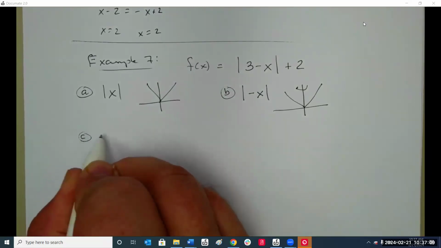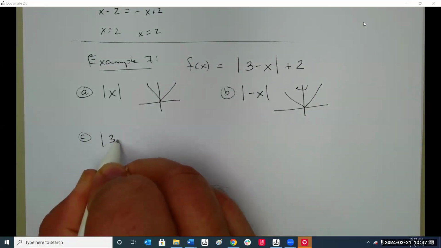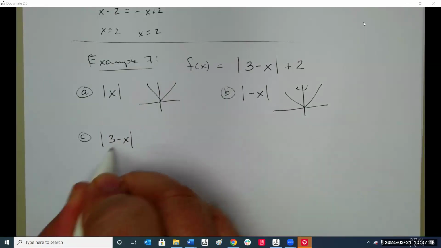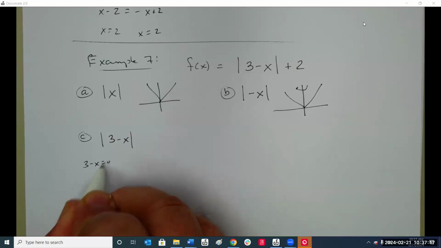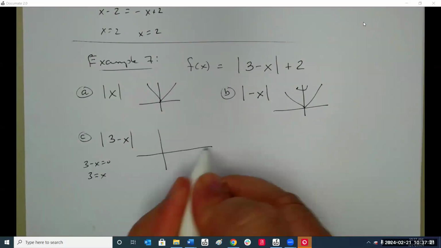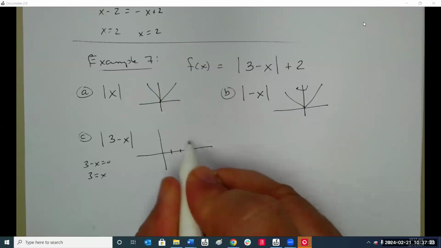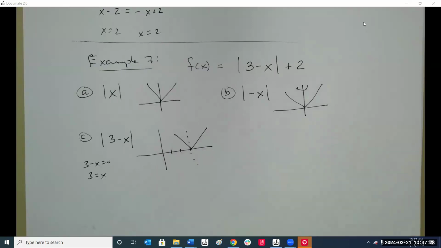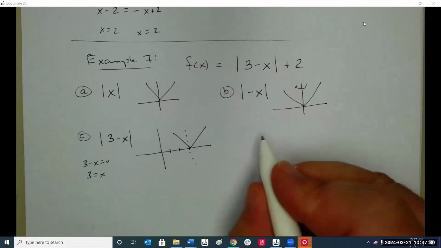Is there a horizontal shift? How many spaces, which direction? Yeah, because 3 minus x equals 0, so 3 equals x. So it's 3 spaces to the right. So there's my new graph. Is there a vertical shift?